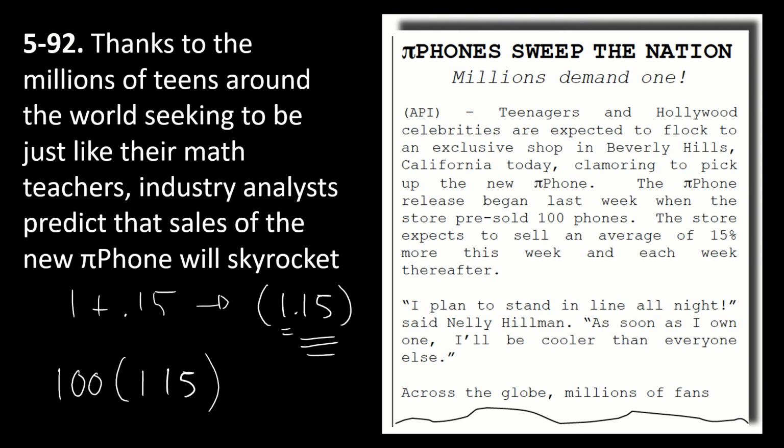It won't let me. There it is. 1.15 raised to the x power, where x is the number of weeks. I keep writing a decimal and it keeps disappearing. So this expression, 100 times 1.15 to the x, should be the expression I could use to figure this out.